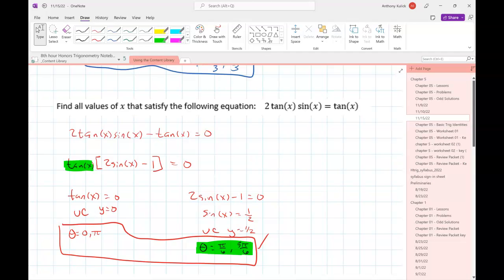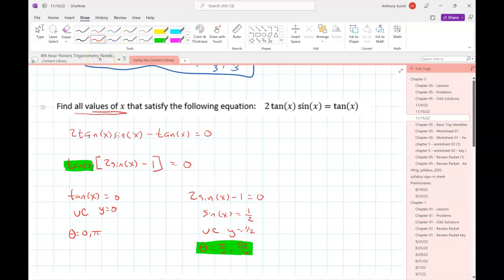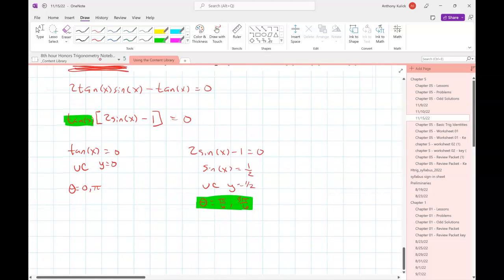Now, this is not actually my answer, because notice what is the question asking for? So what do I really need to do to each of these? Slap a 2 pi k on the end of them, right?